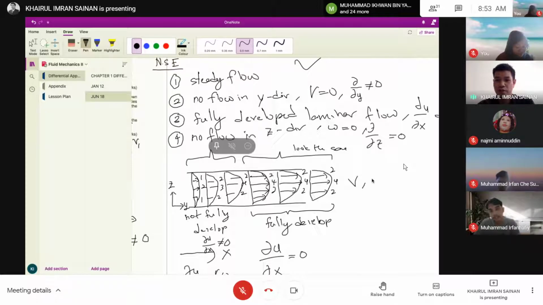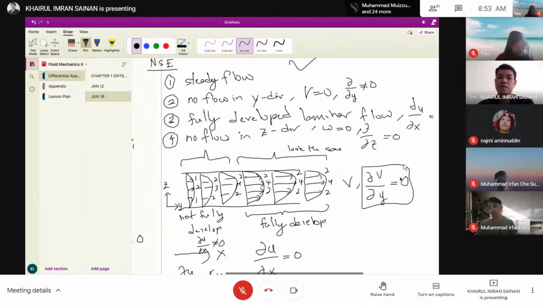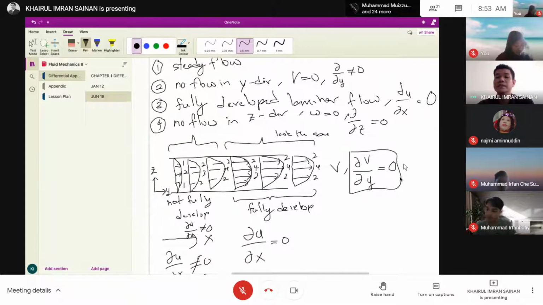So for fully developed laminar flow, it's going to be del V over del Y. Right? This one is equal to 0. This is for fully developed laminar flow. So how about the change?